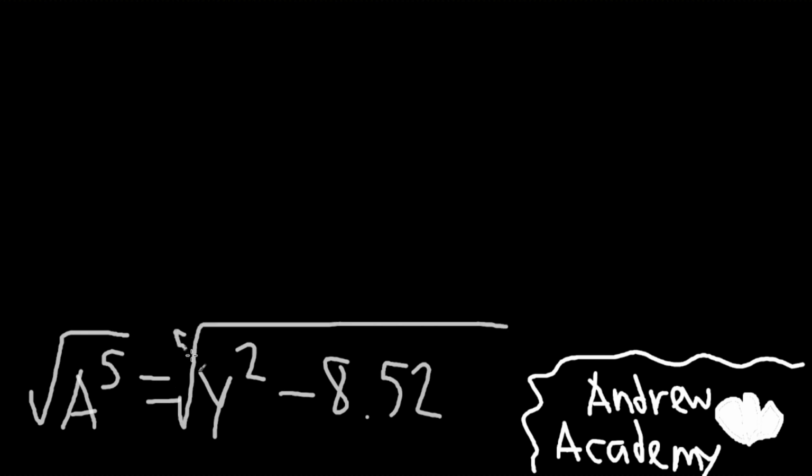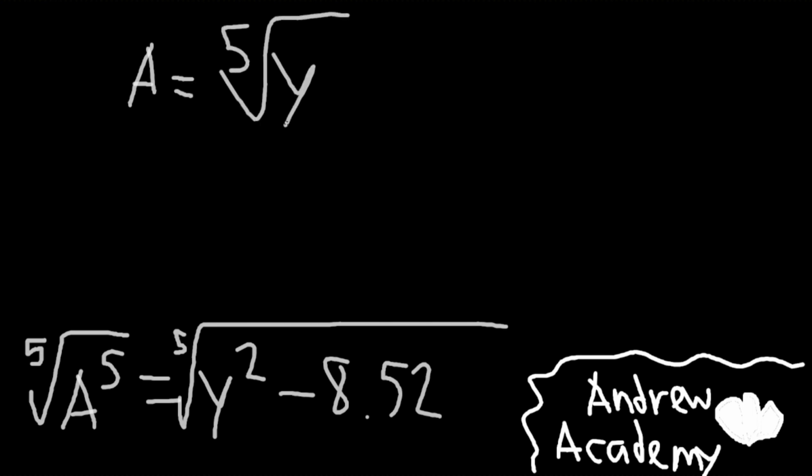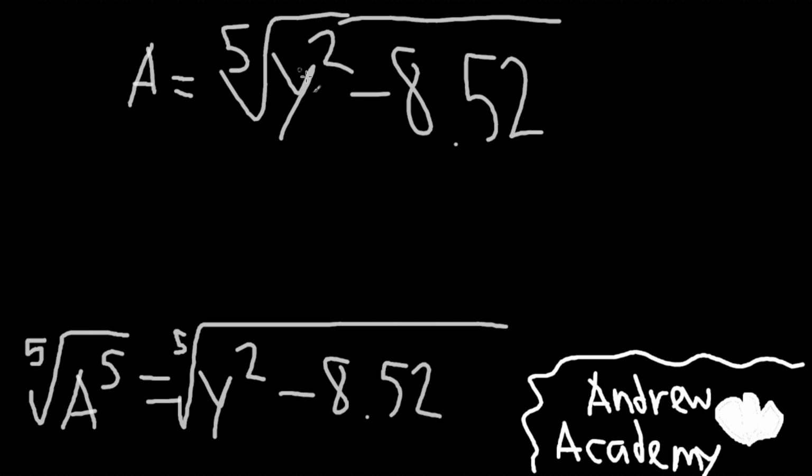As you know, the fifth root of a to the power 5 is a. So what we get is a equals the fifth root of y squared minus 8.52. And that's the answer.